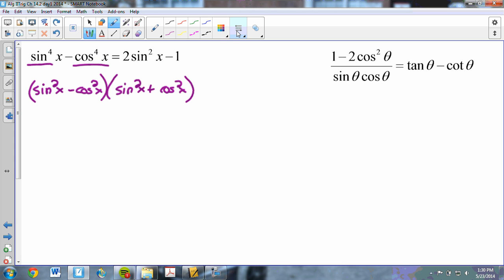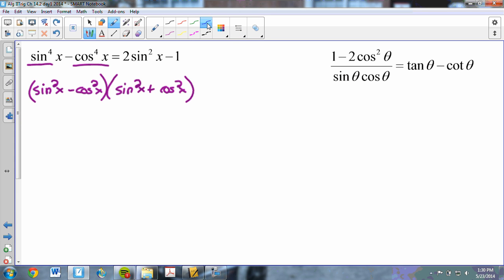Well, now what? I feel like sine squared x minus 1 is something. Well, yeah, but we have 2 sine squared x minus 1, not sine squared x minus 1. Maybe going up, tangent just be cosine squared, like negative 2 cosine.